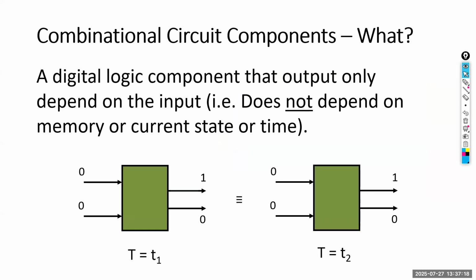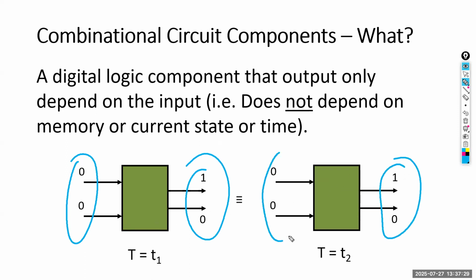Right. So what is meant by a combinational circuit component? A digital circuit component is said to be a combinational component if its output depends only on the input. Of course, assuming that your component is working. So that means your output doesn't depend on the current situation or the current memory.